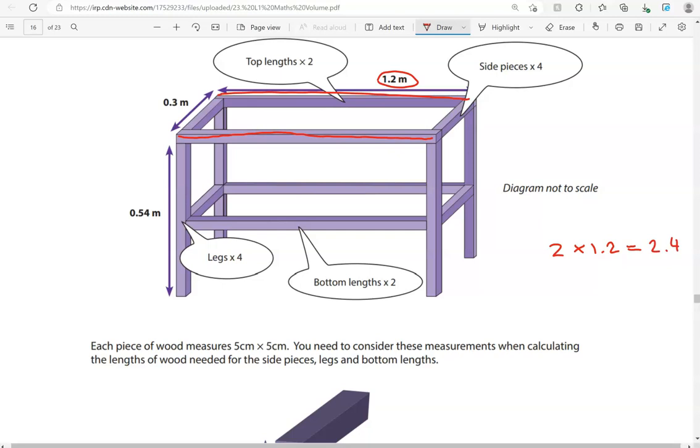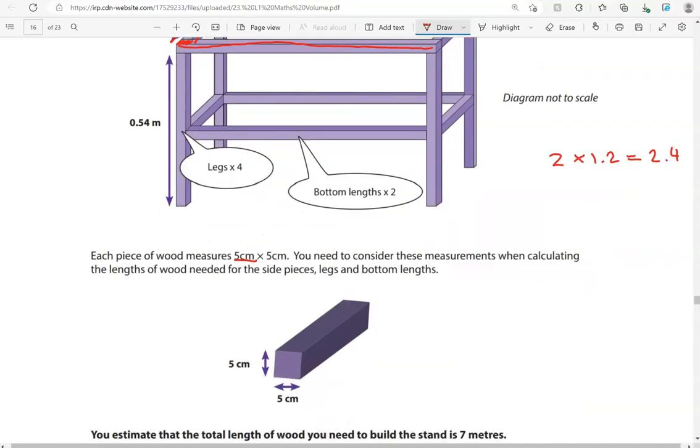We have 4 side pieces, these ones. It says 0.3 meters here, but that is from one corner to the other. So we're going to have to take away this bit here. And that is equal to 5 centimeters, as we're told here.